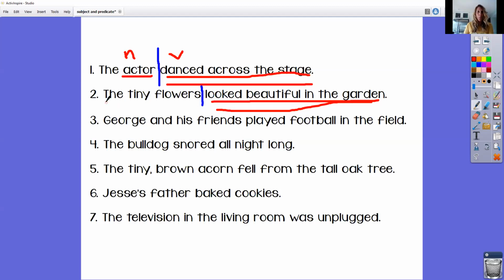I'm gonna underline that twice. And our subject is the tiny flowers. Our noun is flowers. Tiny is describing it. That is an adjective. And what did the flowers do? They looked beautiful. So there's our verb, usually right behind where we split the sentence. Let's try a few more.